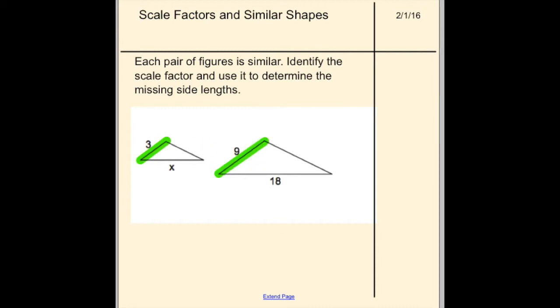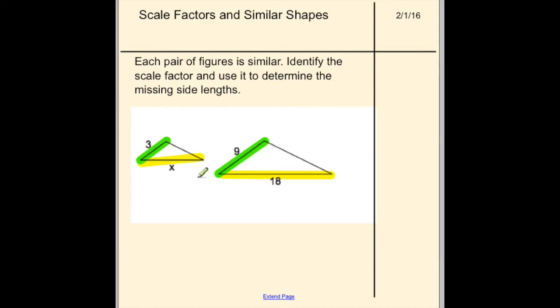So the 3 corresponds to the 9. And that means that this unknown piece here, this x, corresponds to this longest side, this hypotenuse, the 18.